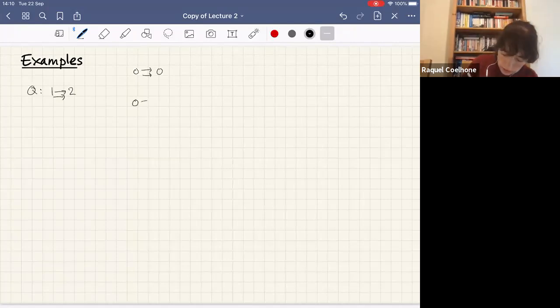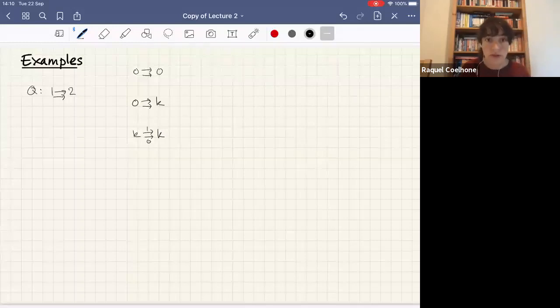Then we can consider this representation, say. The maps are obviously zero. And this one, the first map is the identity, the other zero. Okay, so we have these representations.